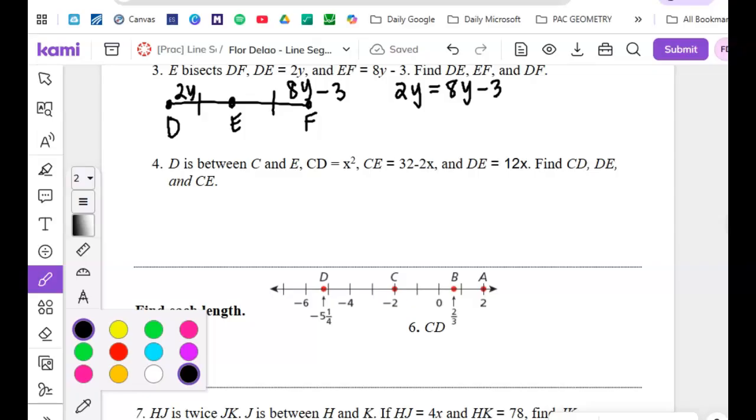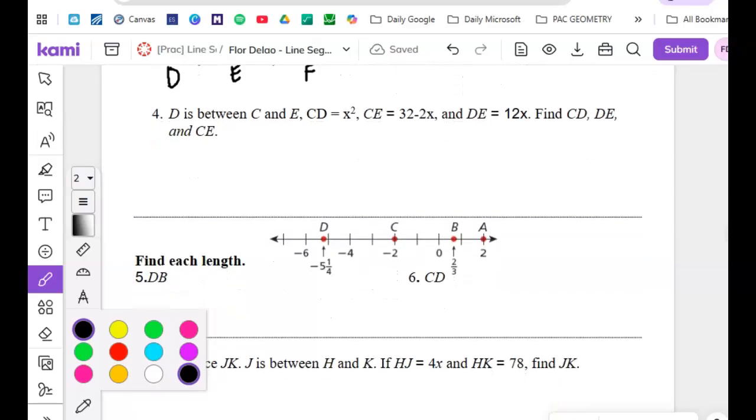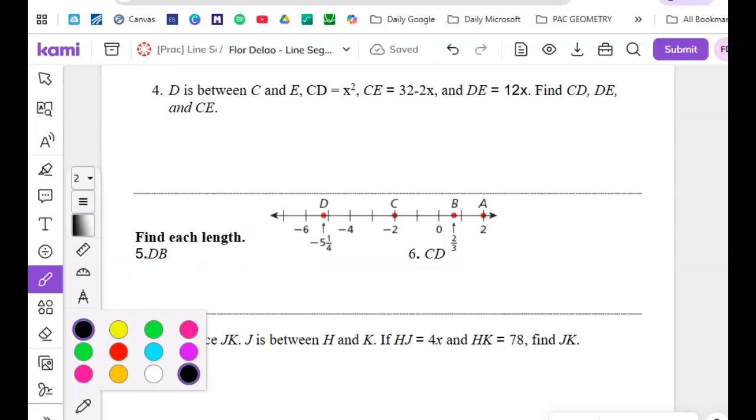Can I have a board? Alright, number 4. Number 4, D is between C and E. Okay, CD equals x squared. Notice I didn't put tick marks because there's no definition of midpoint or bisect.